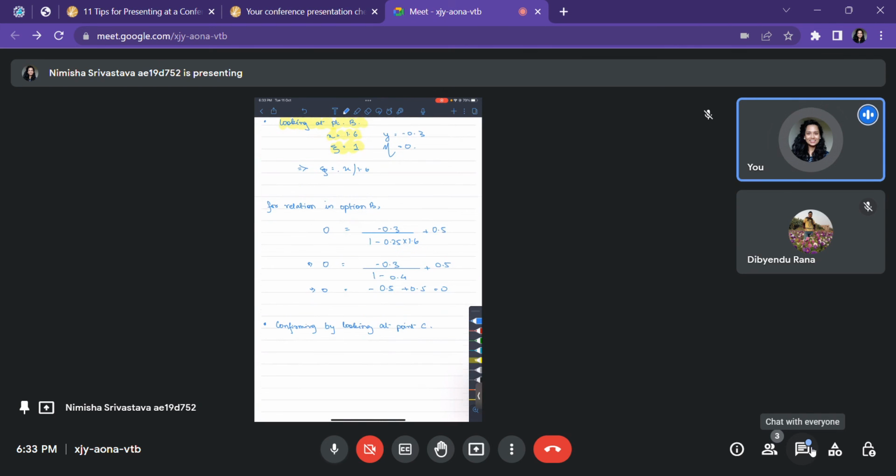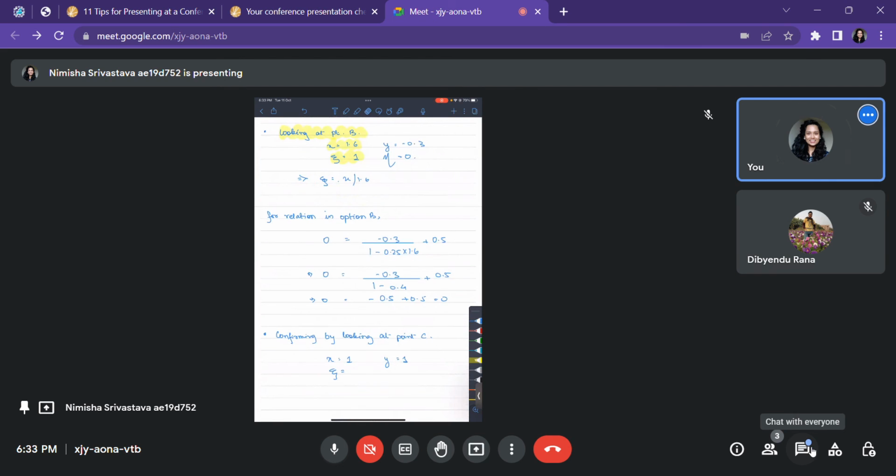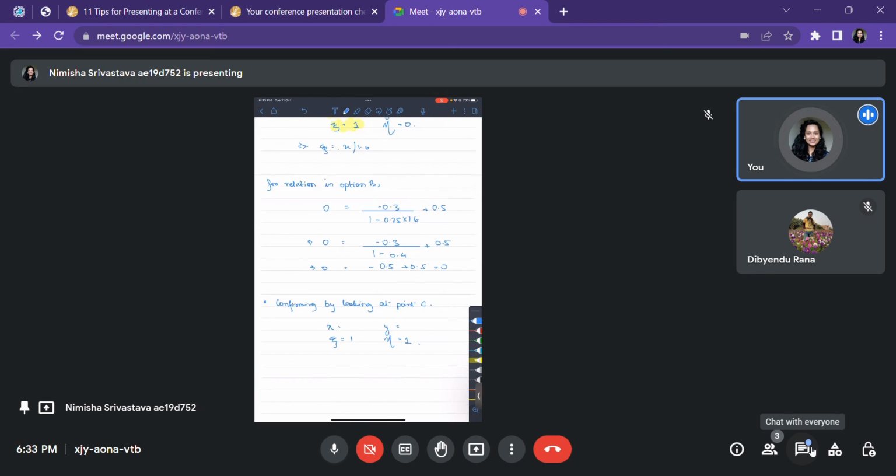So I have 1 by 1, that is zeta equals 1, eta equals 1. Oh, sorry, it's zeta and eta which are 1 because I was looking at the computational plane. Meanwhile, the corresponding x and y are 1.6 comma 0.3.